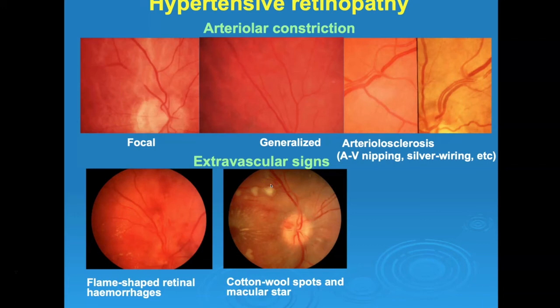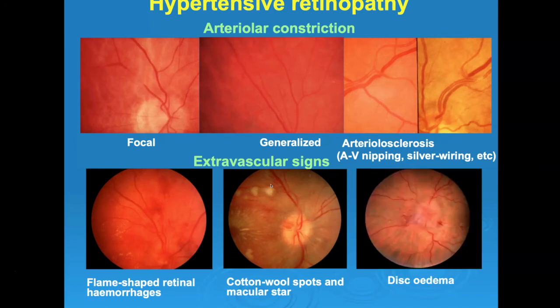So, test the blood sugar and the blood pressure before you arrive at a diagnosis. Finally, disc edema is a rare sign of acute systemic hypertension, and one should always test the blood pressure in the setting of papilledema.